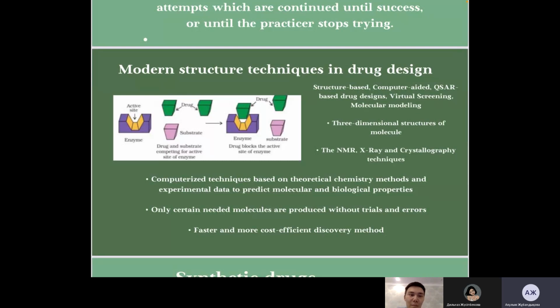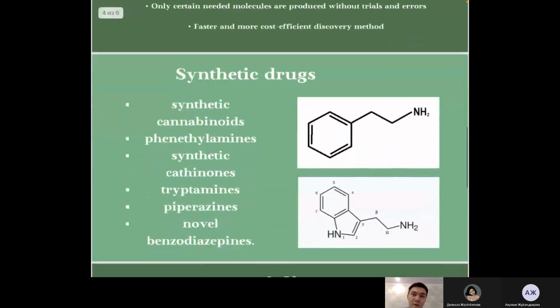By working with modern drug designs, we can achieve results faster, with more cost-efficient discovery, and only the needed molecules are produced, without trials and errors. So that is my topic, and others will continue the talk.